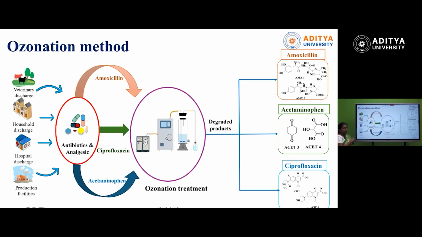Before that, I prepared the liquid ozone, and then applied it in the removal process. Once the liquid ozone is prepared, I mixed the three pollutants to check the removal efficiency and what happens to the transformed metabolites or transformed products, and whether these transformed products are toxic or non-toxic. I have done all this work.